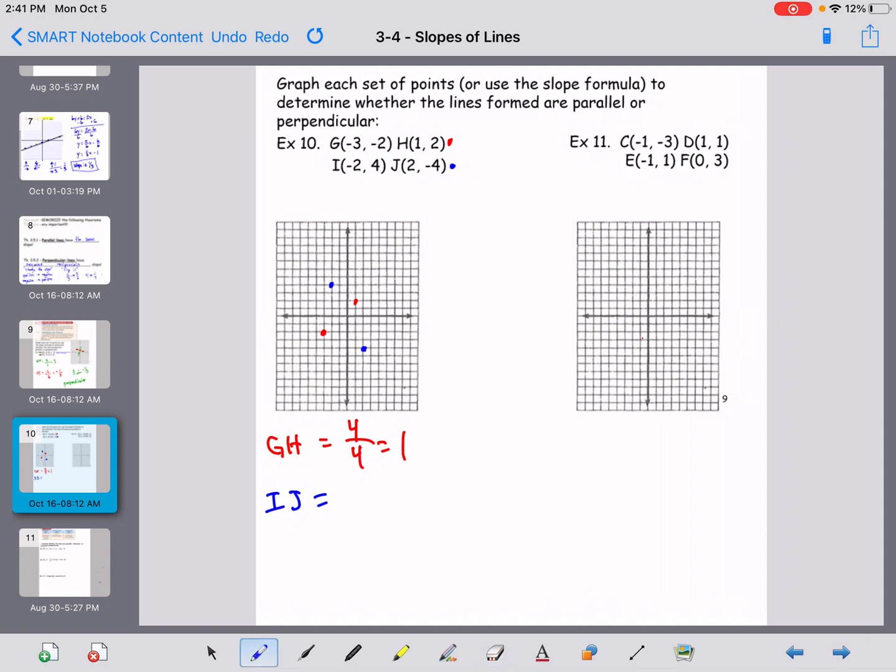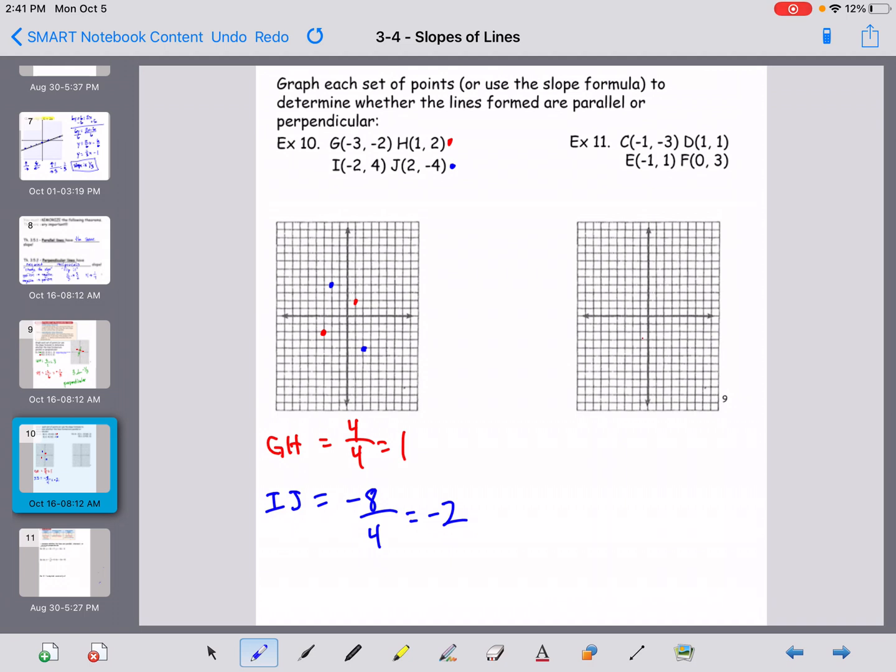I didn't mean to put that there. So now let's look at my slope between my blue dots. I went down 8. Let me double check. And then how many over did I go? 4. So this would become a -2.